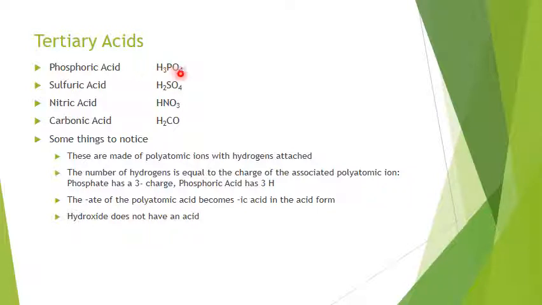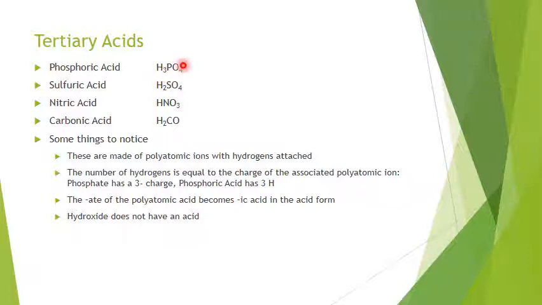Now, if you notice, this PO4 looks like what we just saw with phosphate. Phosphate is PO4 3 minus. Well, phosphoric acid is phosphate without the 3 minus. Instead of having 3 minus, it has 3 hydrogens. So the number of charges is replaced by the number of hydrogens.